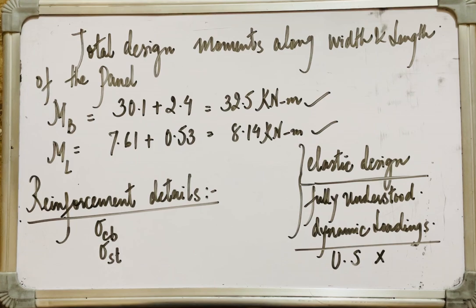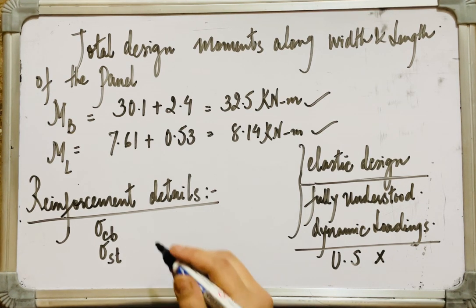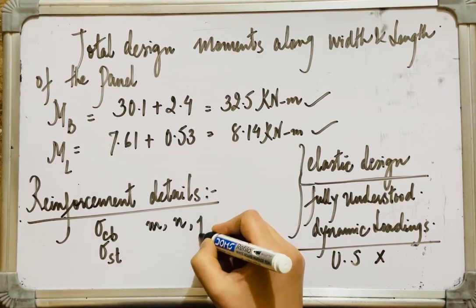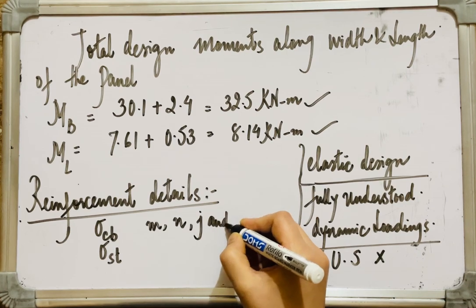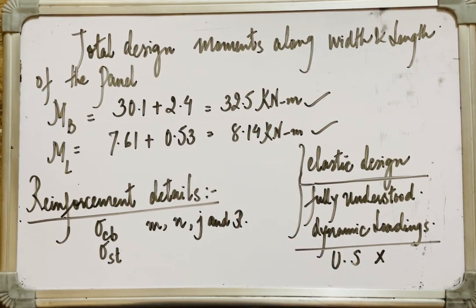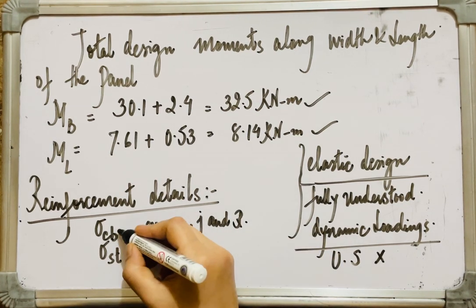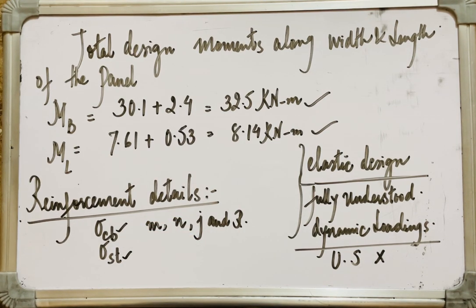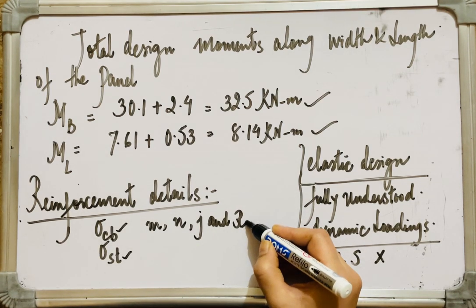Now, in the design of the reinforced concrete one-way slab or a two-way slab or a singly reinforced beam, we have to compute the design coefficients, and they are M, N, J, and R for any given set of values of sigma CBC and sigma ST. All right, and these are known as elastic design coefficients.